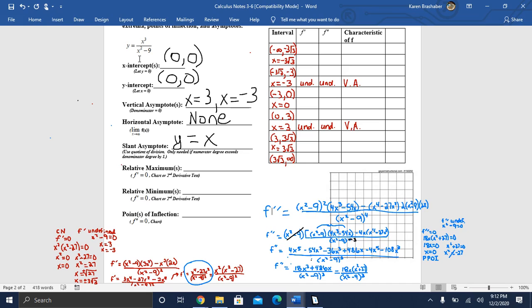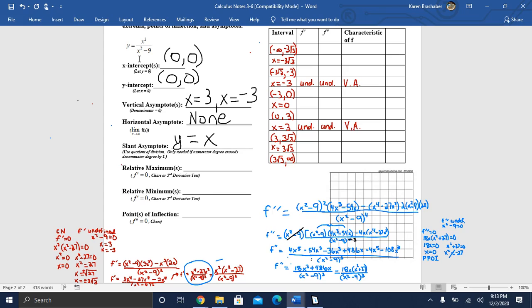So now we'll look at f prime in each one of these intervals. And I'm just going to talk us through this without having us actually show the work. So negative infinity to -3 square root 3. And again, you will be thinking of a number in that interval, and you're going to be substituting that into f prime.